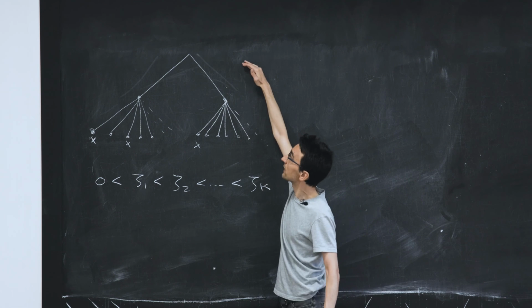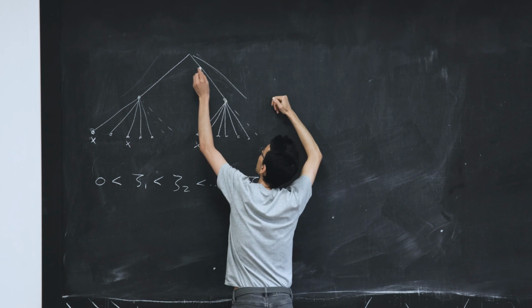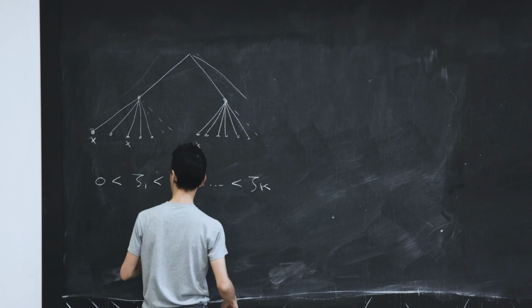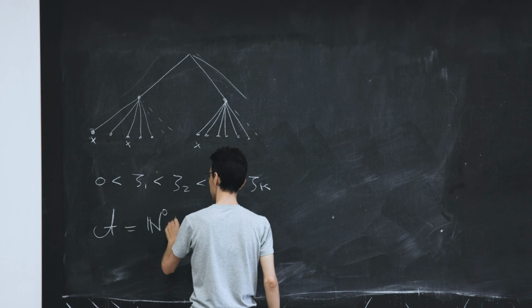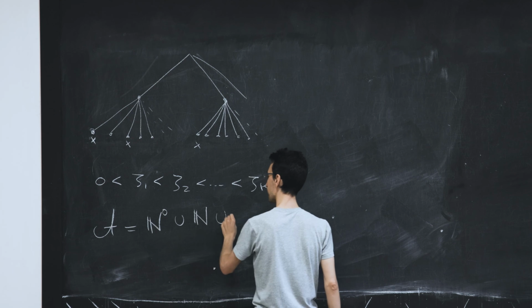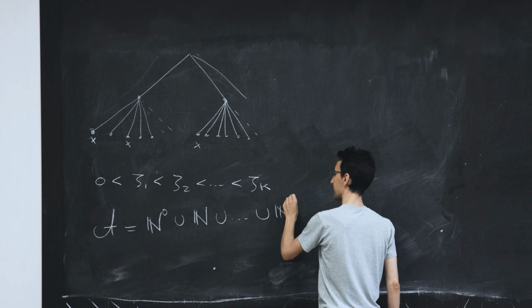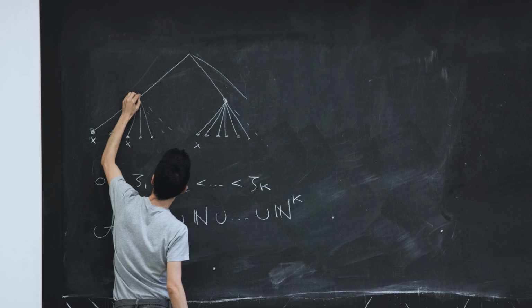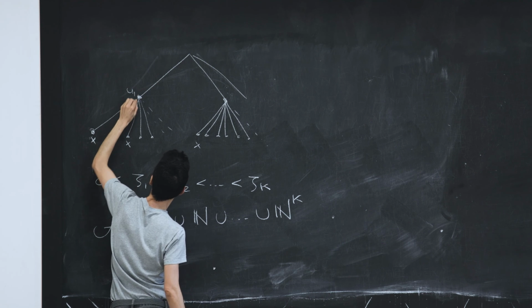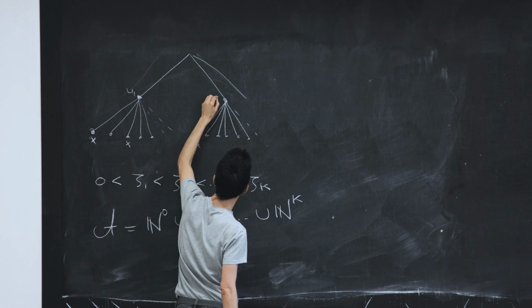And then on the first layer, I have this tree. Maybe I'm going to encode the tree using this sort of notation, where I'm going to define a number u1 associated with this vertex.